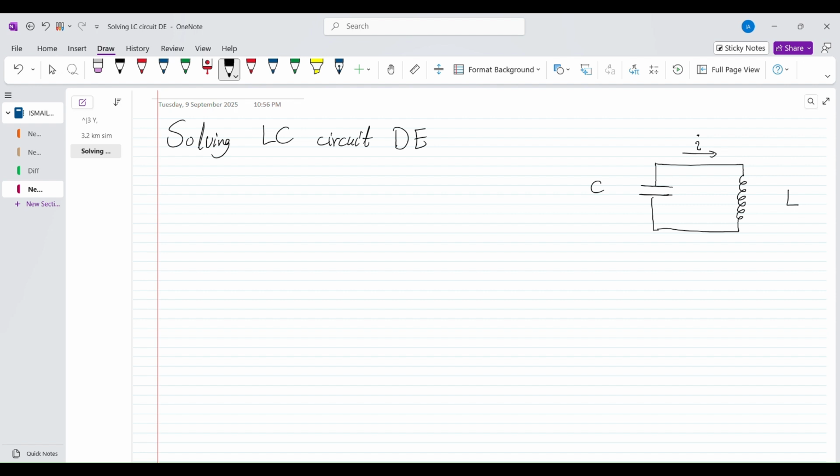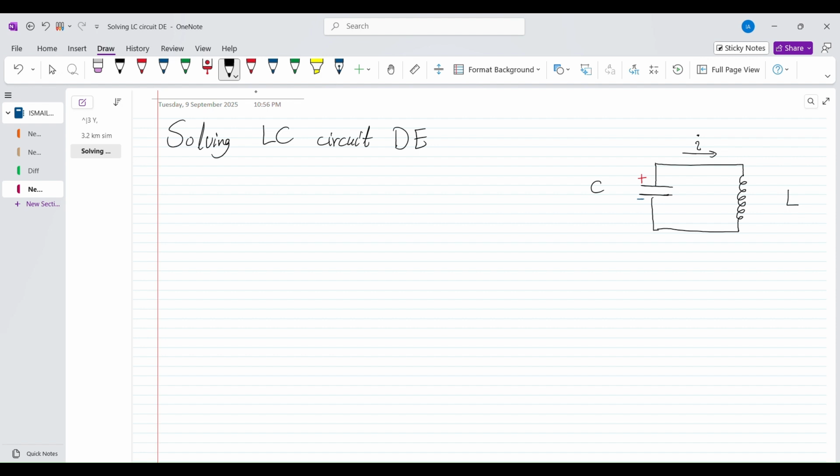Now, what does that imply? This implies first for the capacitor that there are some positive charge here and some negative charge here. The positive is on the upper plate and the negative is on the lower plate.